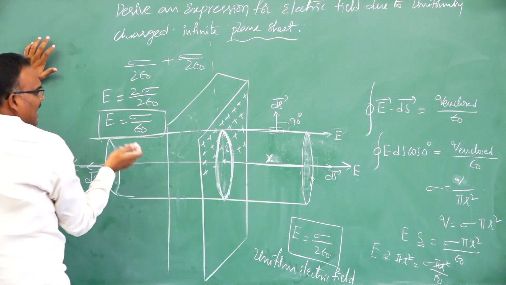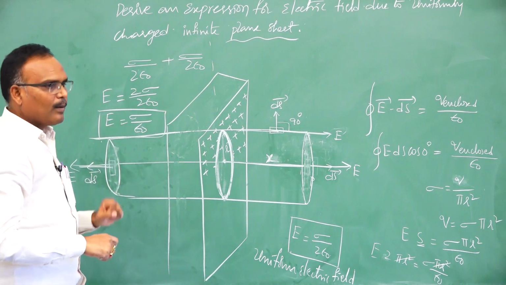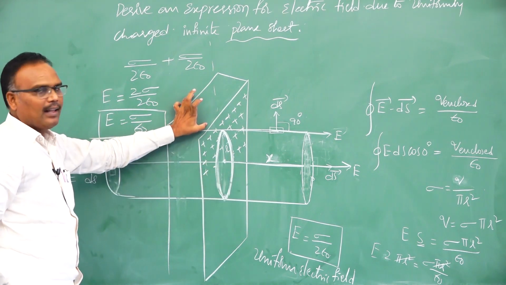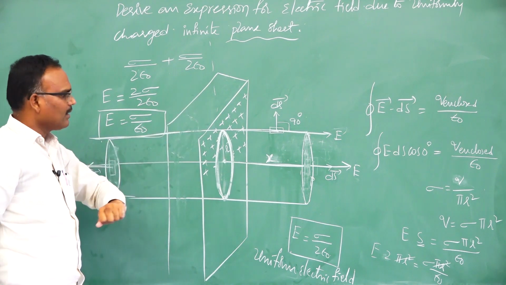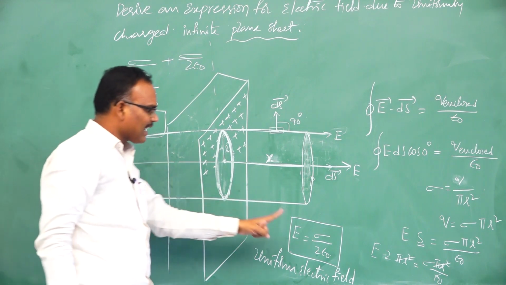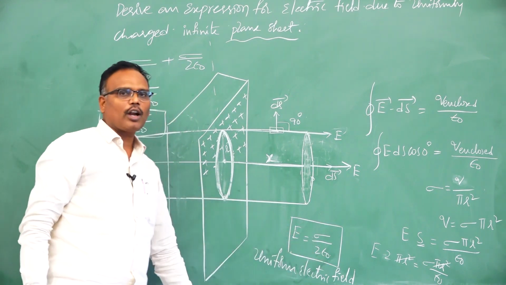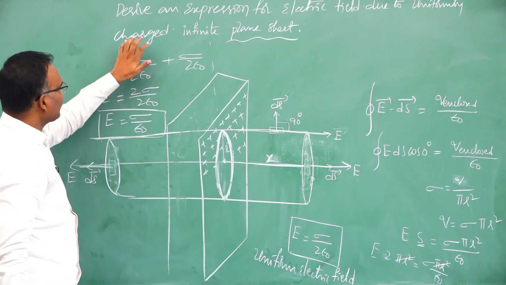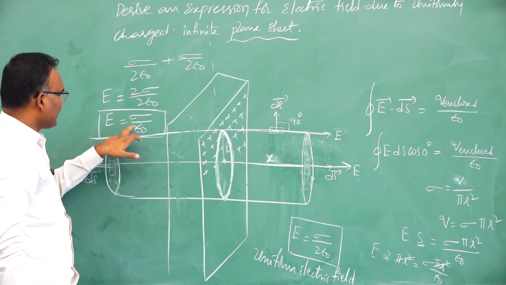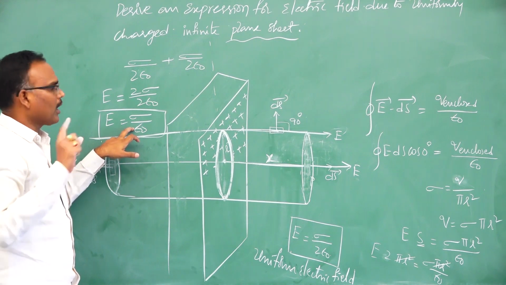You have to understand this simple difference between thin and thick. Thick has two surfaces, thin has only one surface. For one surface, electric field is sigma by 2 epsilon naught. For two surfaces, field is sigma by 2 epsilon naught plus sigma by 2 epsilon naught, that is sigma by epsilon naught.